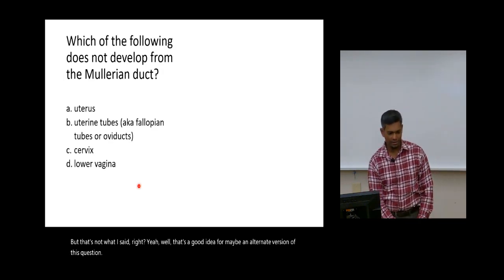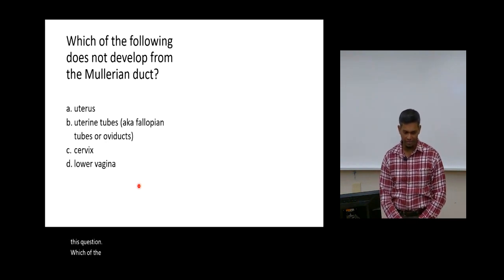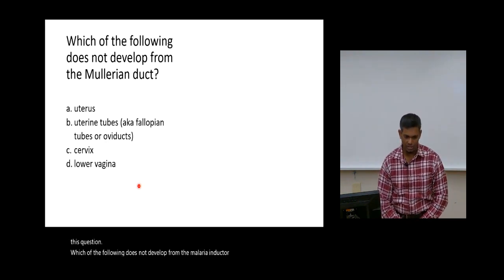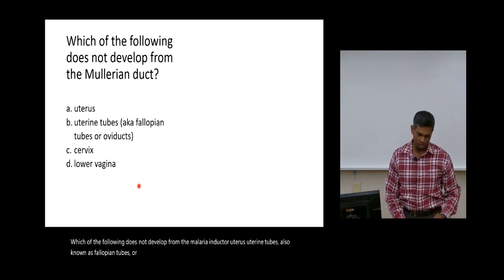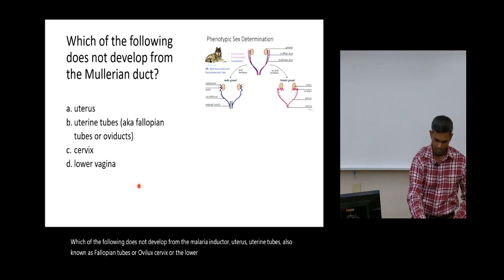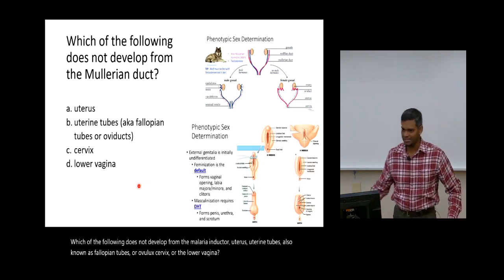Which of the following does not develop from the Mullerian duct? Uterus, uterine tubes, also known as fallopian tubes or oviducts, cervix, or the lower vagina? Can look at this slide and tell me the answer.